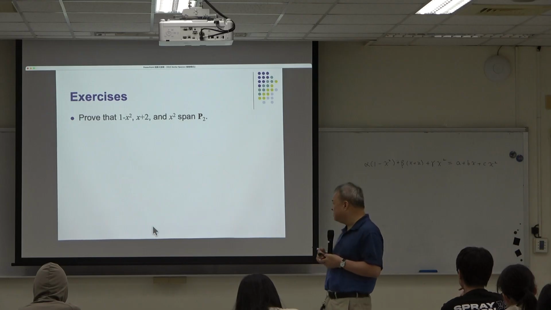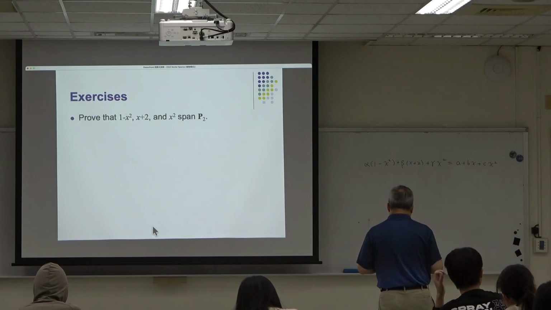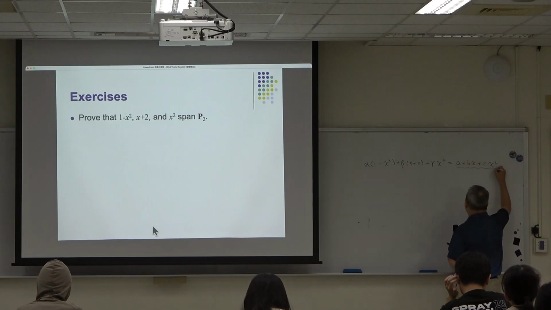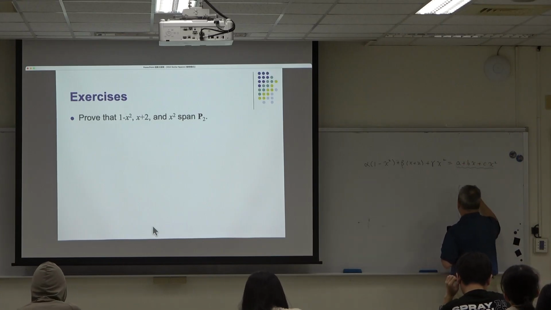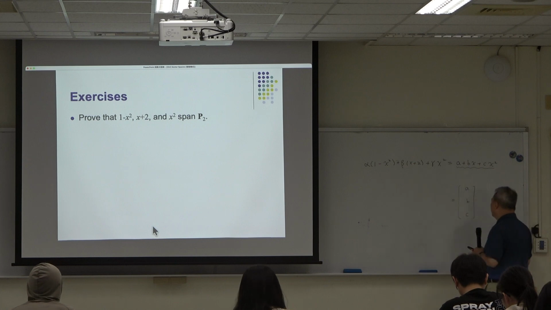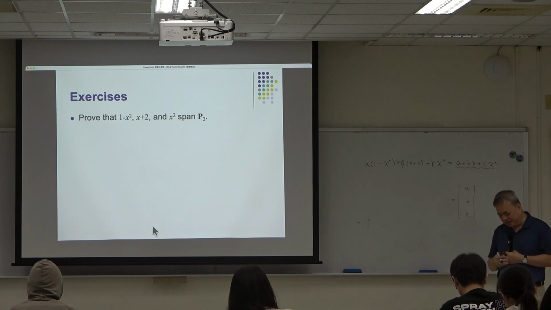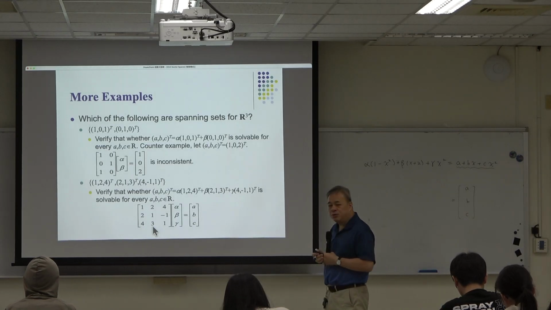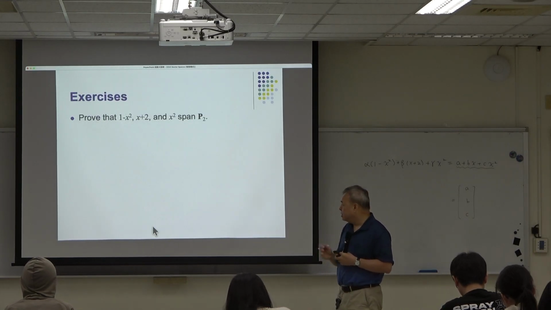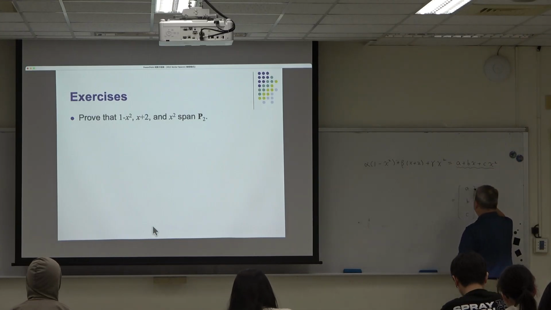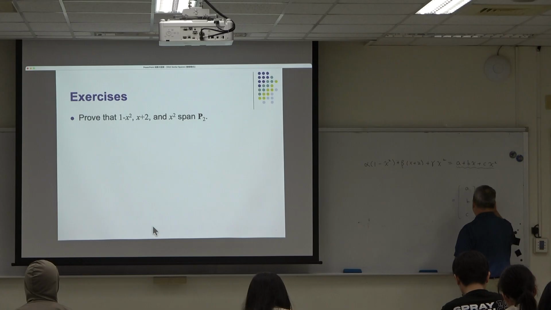So we treat this one as ABC, just like the previous example that we had. In other words, this one represents 1. This one represents x.